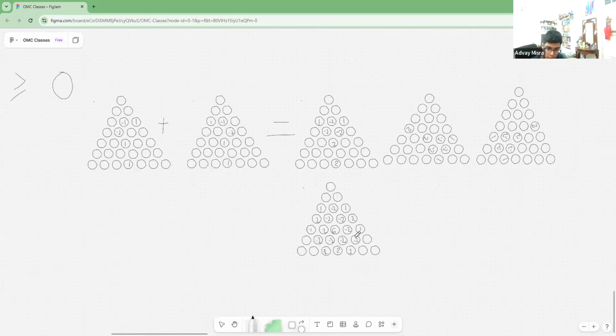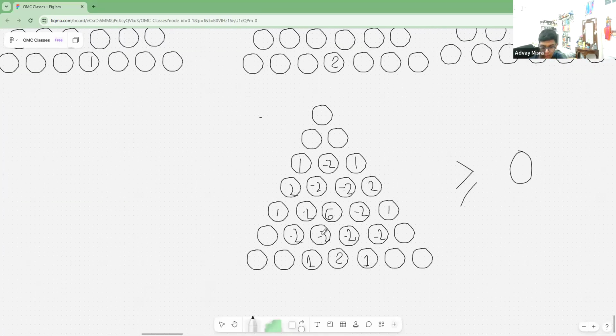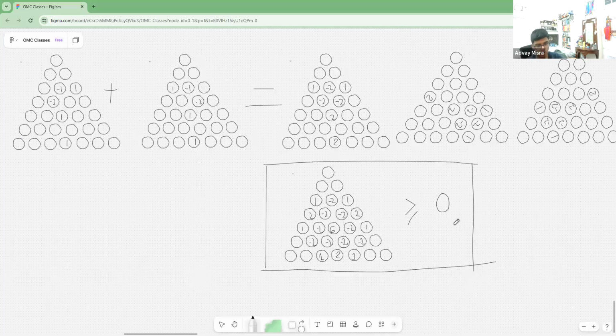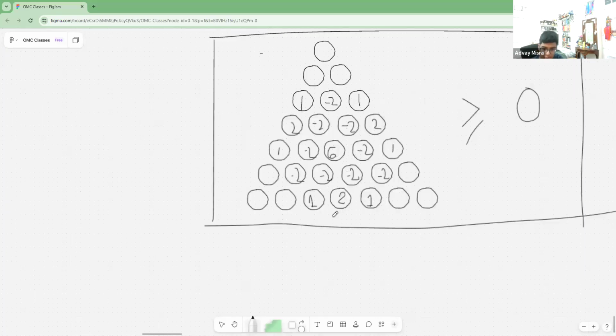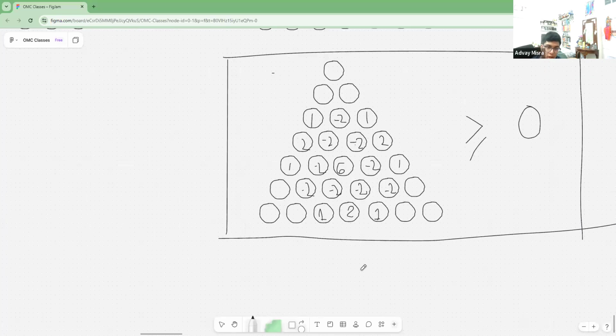So now we have to prove that this is greater than or equal to 0. And now we can see why this notation is so powerful. Can anybody recognize an inequality in here?